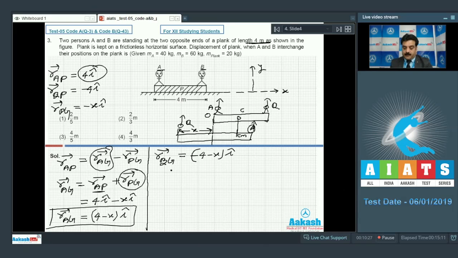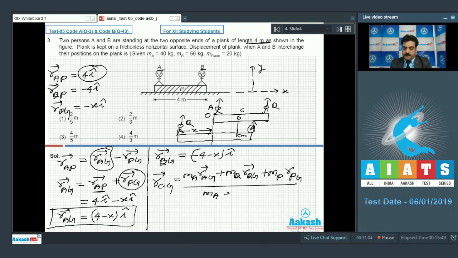If I use this formula, then what will we write? The displacement of the center of mass with respect to the ground, in short CG, is the mass of A times the displacement of A with respect to the ground, plus the mass of B times the displacement of B with respect to the ground, and similarly the mass of the plank times the displacement of the plank with respect to the ground, divided by mass of A plus mass of B plus mass of the plank.